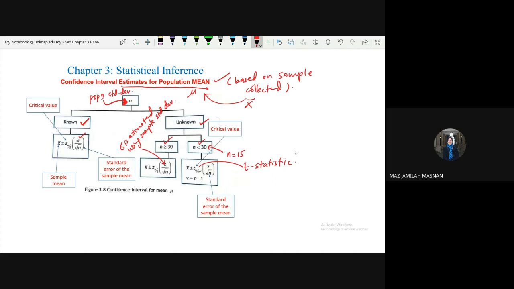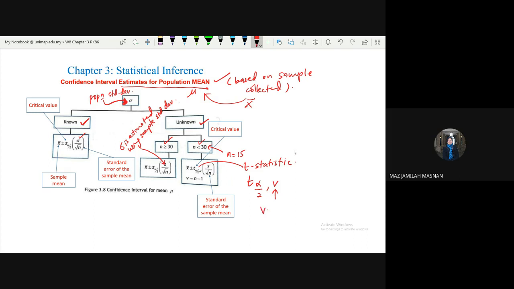This distribution is still normal, but it differs from the normal distribution. So this is what happens if your n is less than 30. Now for t, the critical value will involve alpha over 2, and the second parameter is your v, and this v is obtained by v equal to n minus 1.